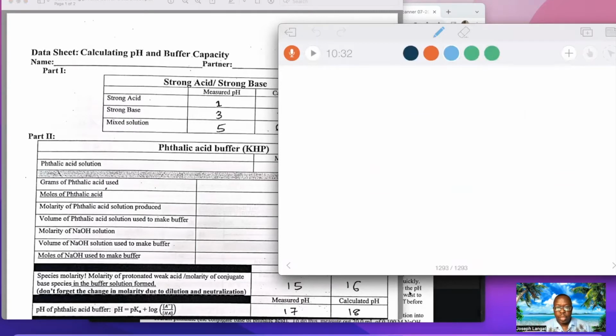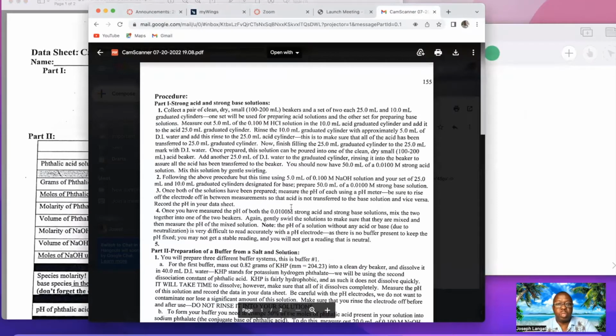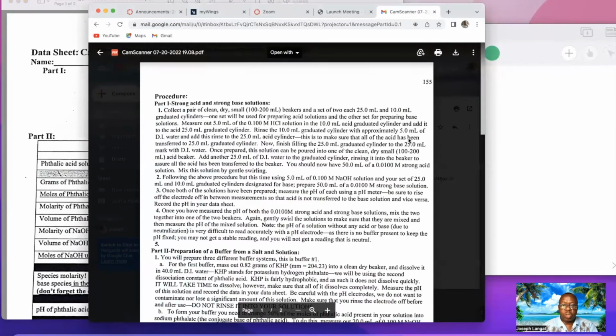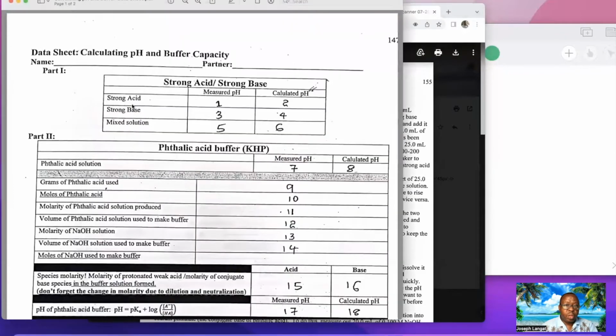If you read the instruction, you should be able to come up with the conclusion of what the total volume of the solution is. For example, in part one, strong acid, strong base solution, you are required to determine the pH.